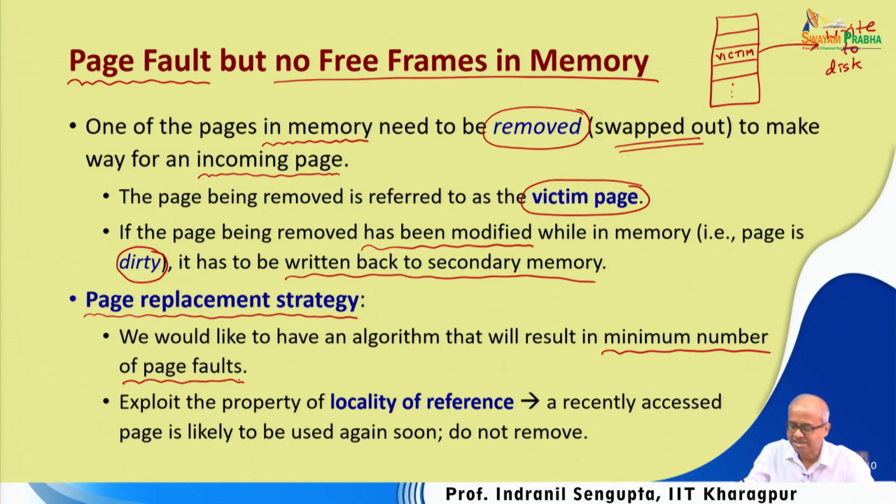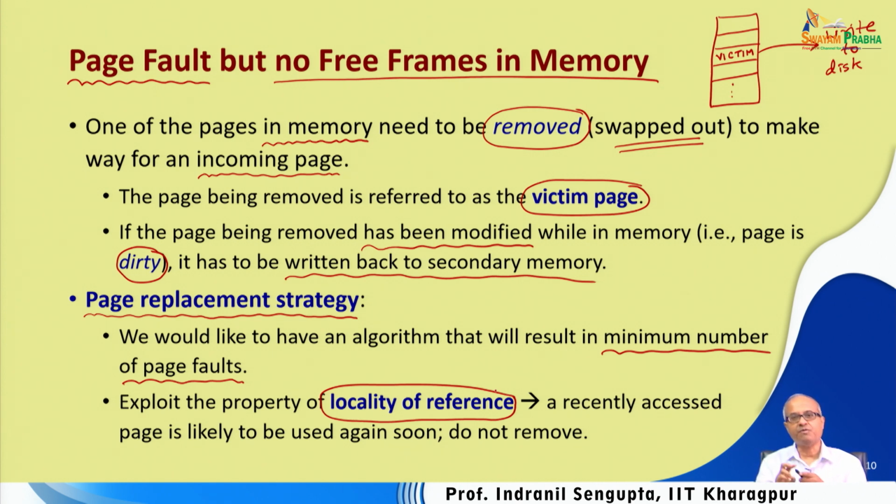Here we are exploiting the property of locality. What we are saying is that a page which is accessed at some point in time is likely to be accessed again in the near future. But if you find that a page was not accessed for a long time, possibly it will not be accessed in the near future also, something like this.